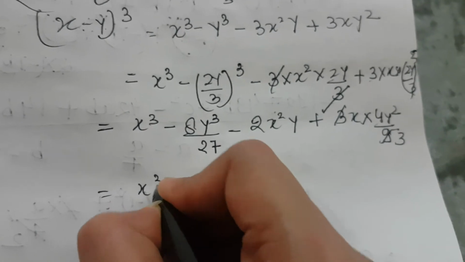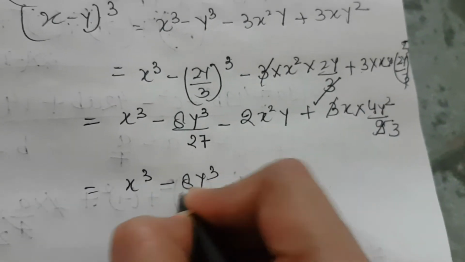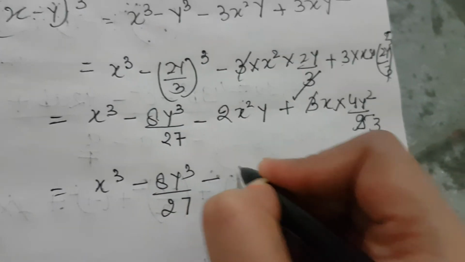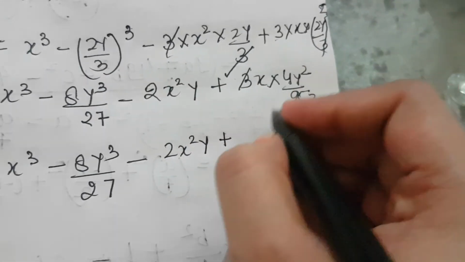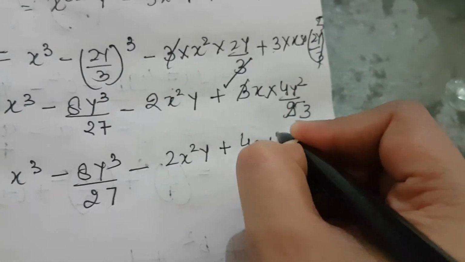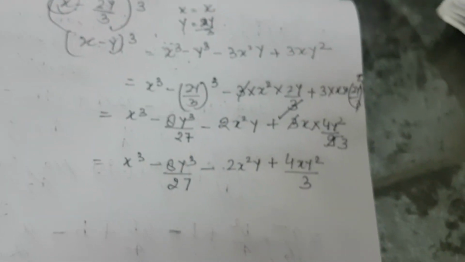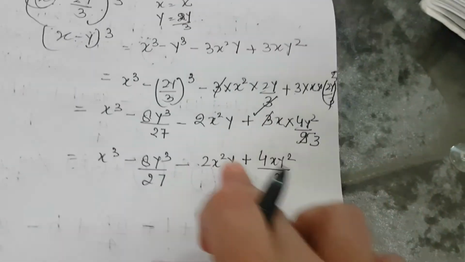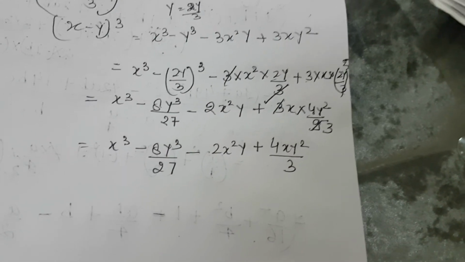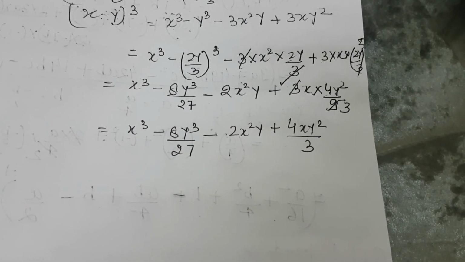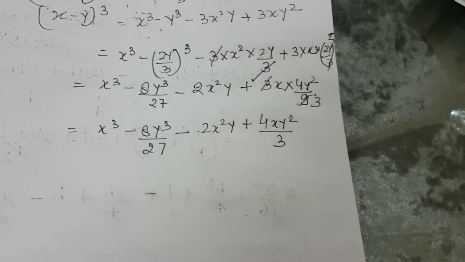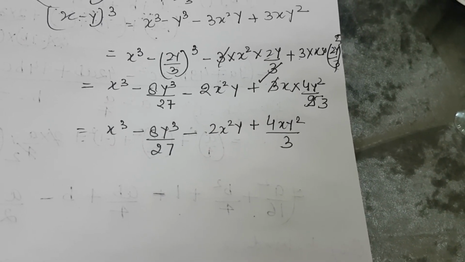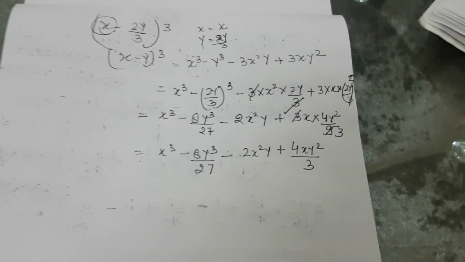So what is coming? x cube minus 8y cube upon 27 minus 2x square y plus 4xy square upon 3. Fine. So after calculating these, now we are getting the answer: x cube minus 8y cube upon 27 minus 2x square y plus 4xy square upon 3.